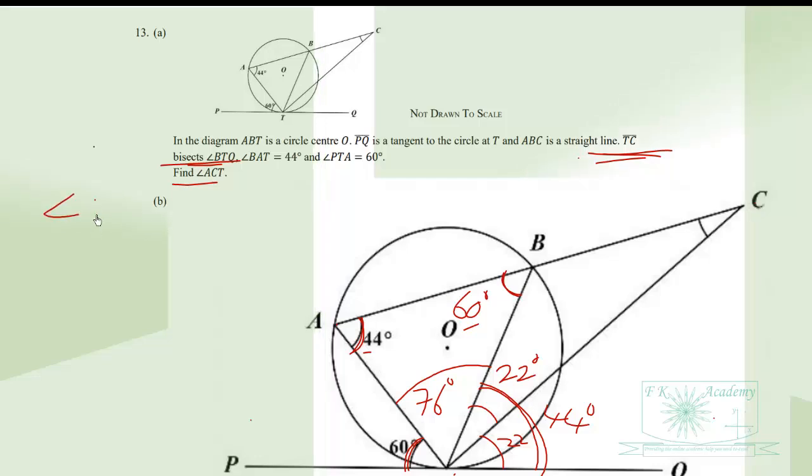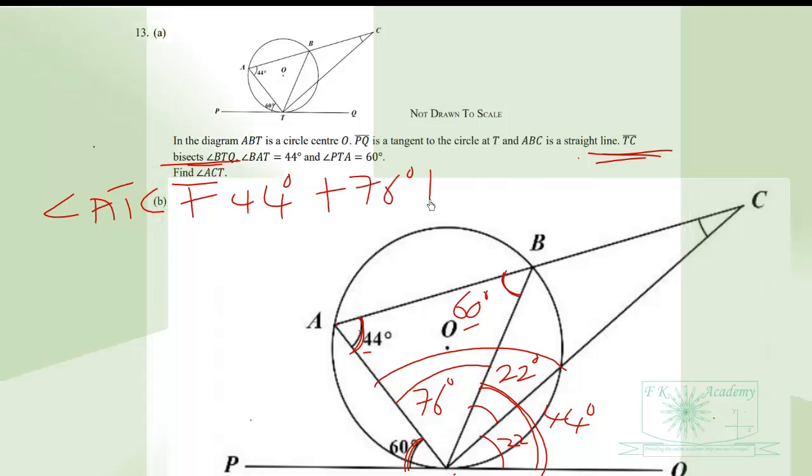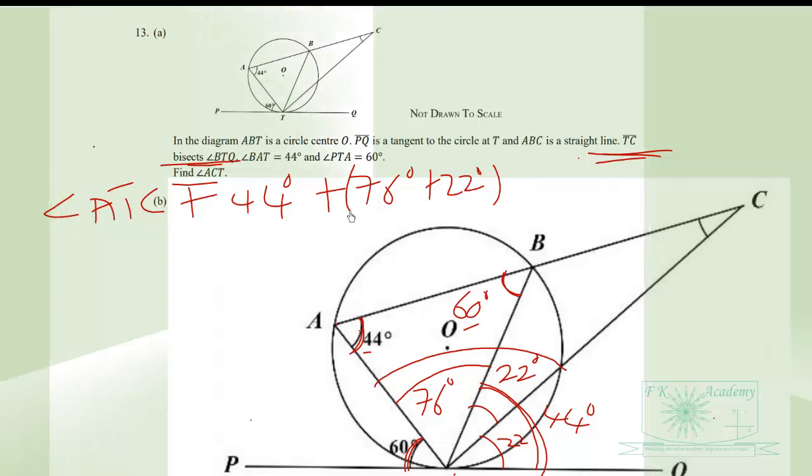So angle ATC, when we add it to the 44 degrees angle, and we add it to this whole angle here, which is 76 plus 22, we should get 180 degrees, because we added 3 angles in triangle ATC.